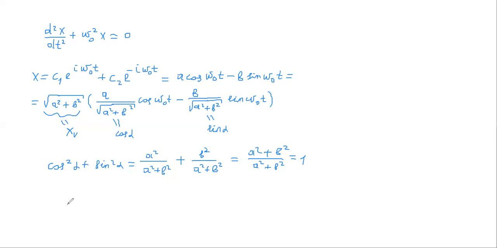Okay, so we have written that xv is equal to square root of a to the power of 2 plus b to the power of 2, and cosine alpha is equal to a divided by square root of a to the power of 2 plus b to the power of 2.